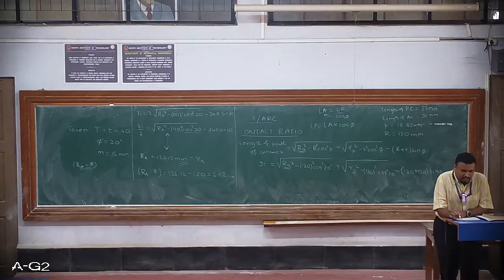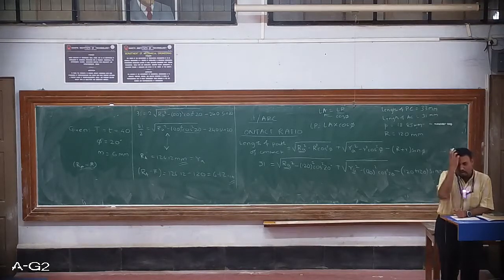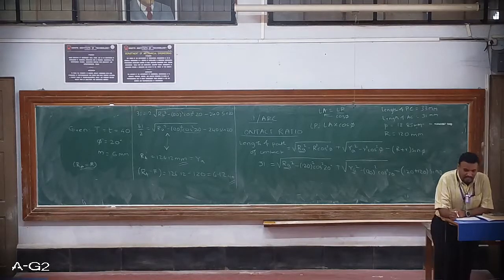Using that we get the length of arc of contact as 33 mm. Then we have the equation for length of arc of contact as length of path of contact divided by cos of the pressure angle, that is cos phi. So length of path of contact will be length of arc of contact into cos phi. Upon simplifying we get it as 31 mm.